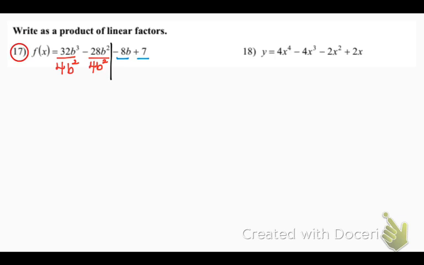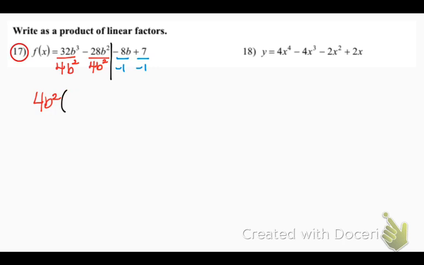So the only factors that negative 8b and 7 have in common are 1 or negative 1. Now, since on the left-hand side it was a negative and on the right-hand side it's a positive, that tells me that I'm going to take out negative 1.